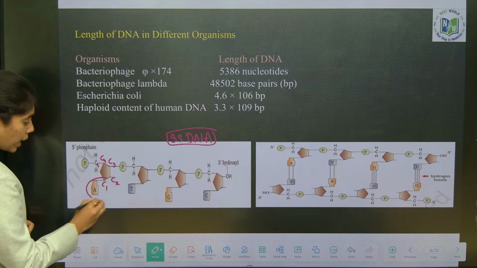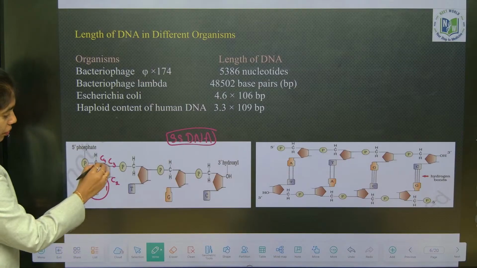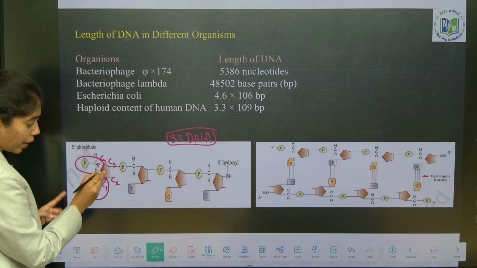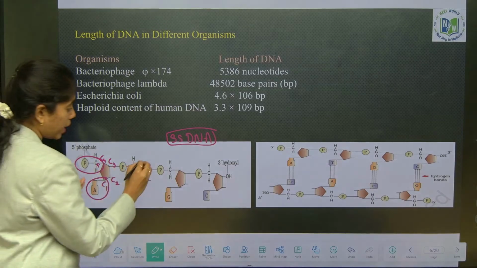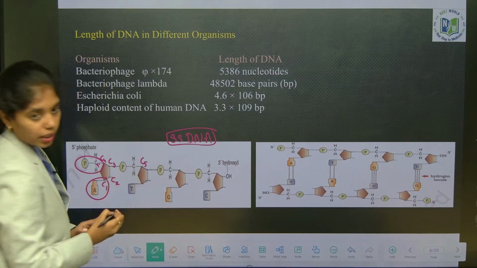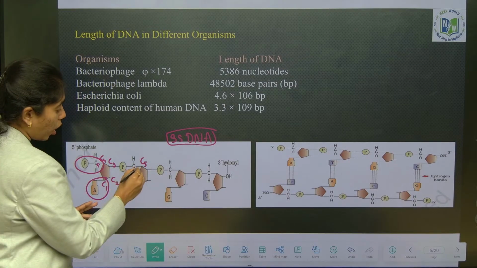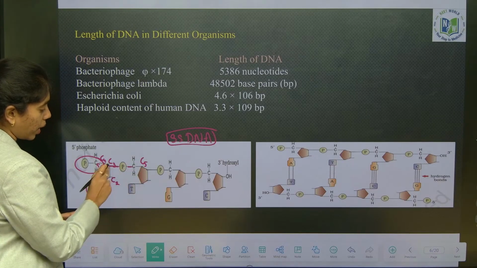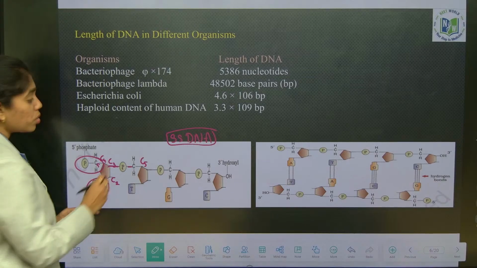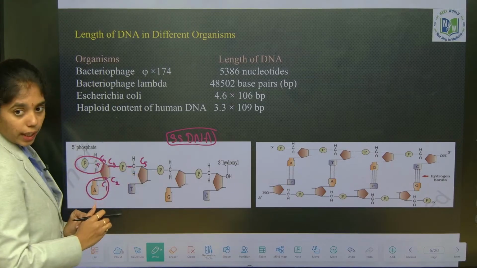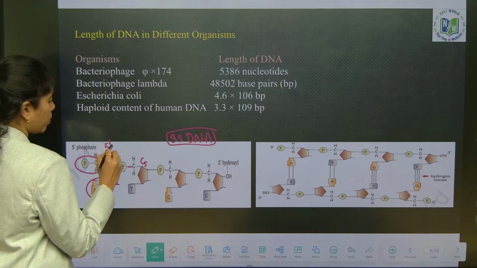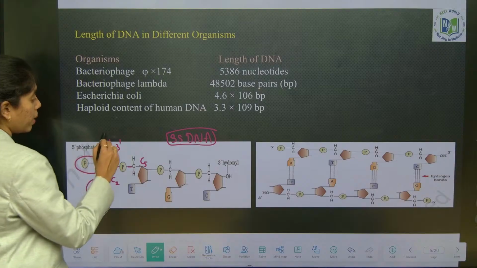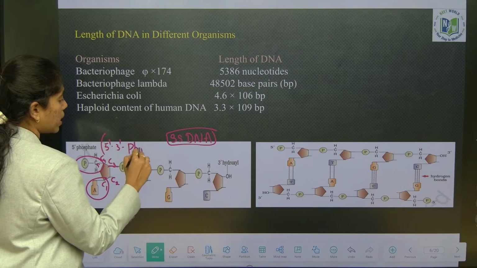First carbon to the nitrogen base, 5th carbon to the phosphate group. The third carbon of one nucleotide is bound to the 5th carbon of the succeeding nucleotide. Here one phosphoester bond is already present. One more ester bond is required to connect C3 and the phosphate group. So to connect two nucleotides, it is from 5 prime to 3 prime, and the 5 prime and 3 prime carbon groups are connected by a phosphodiester bond.